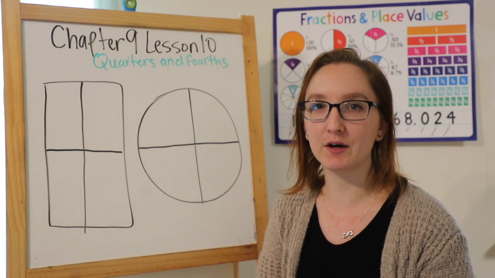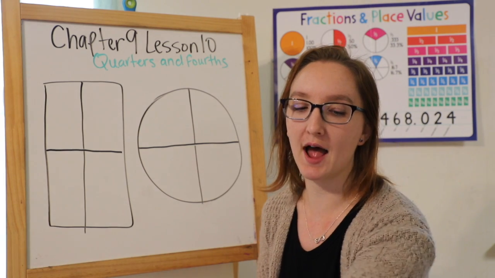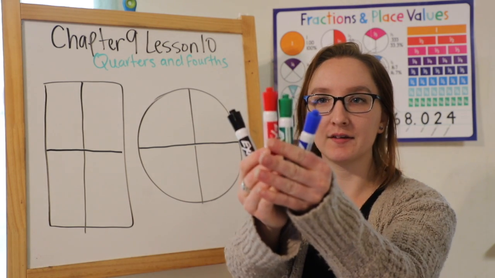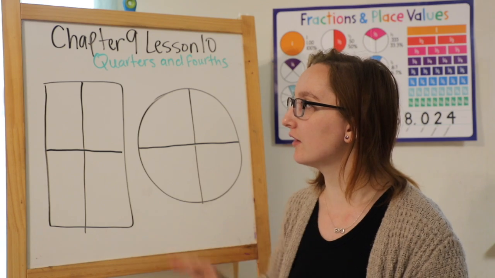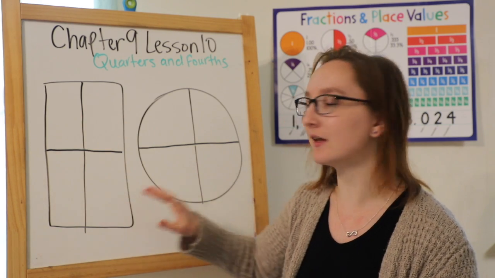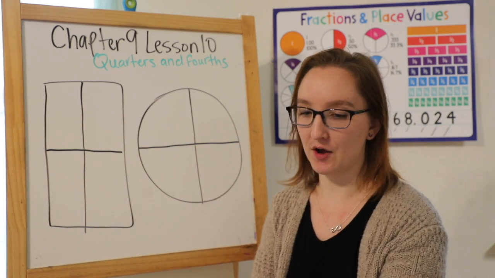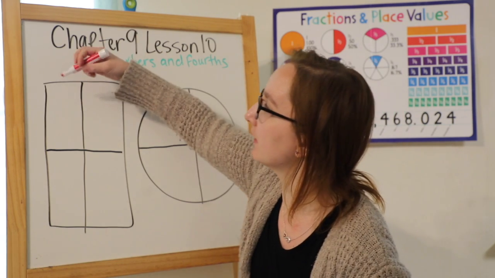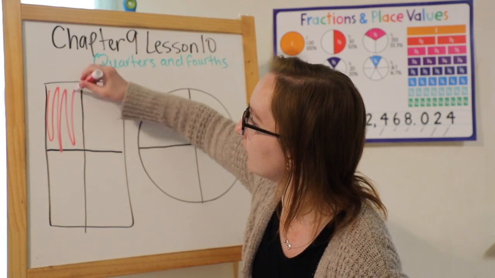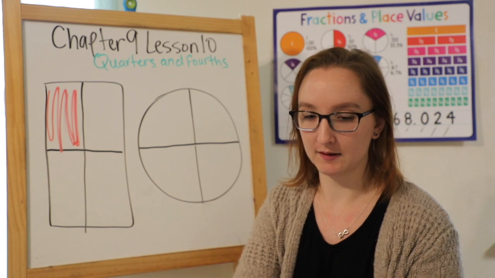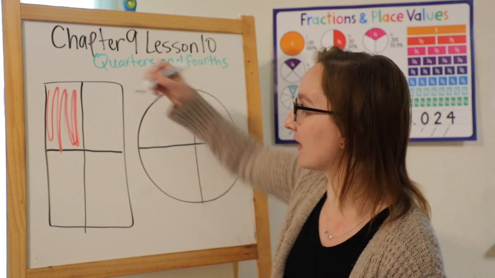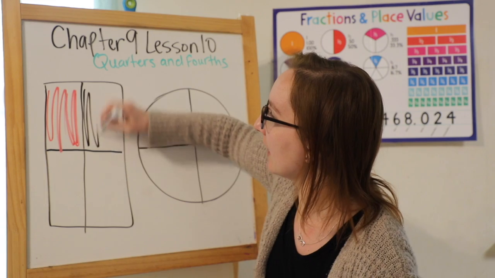Alright, now you are going to grab 4 colors, and you're going to color in each fourth a different color. So I'm going to start over here with my red. I'll color this fourth in red. I'll color my second fourth in black.